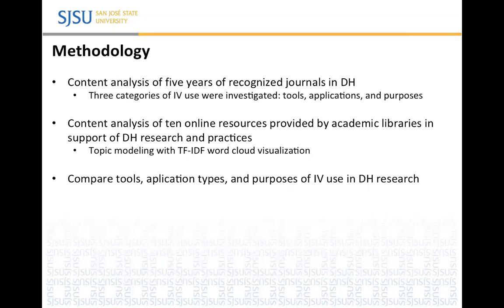Online guides were analyzed with a technique called topic modeling, to identify a common theme from each website, and also with word cloud visualizations using a technique called TF-IDF, which is just a weighting mechanism between the frequency of the term occurring in the documents and how unique the term is.